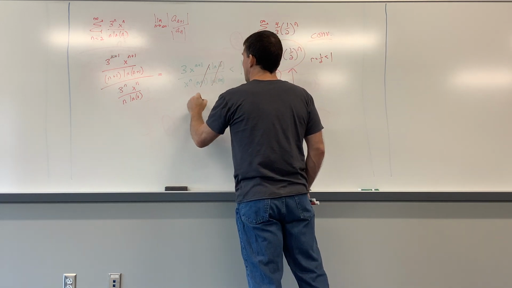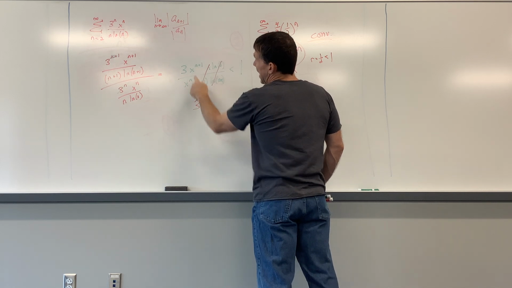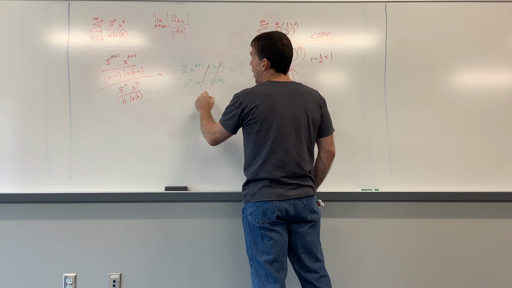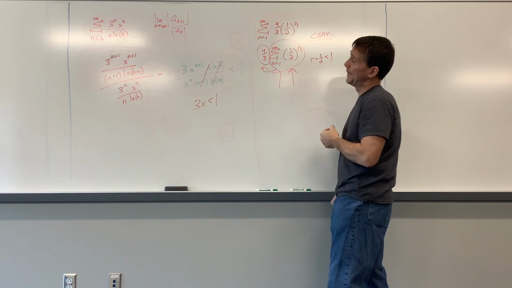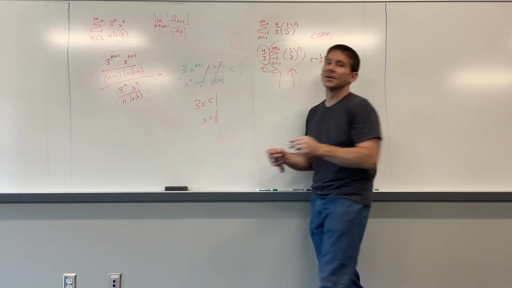So I'm really left with 3 x to the n plus 1 over x to the n. But now x to the n plus 1 over x to the n, reduce that, I just have an x on top, and 3 times the absolute value of x is less than 1. And then solve this. The absolute value of x is less than 1/3.